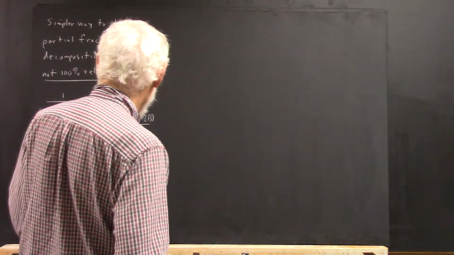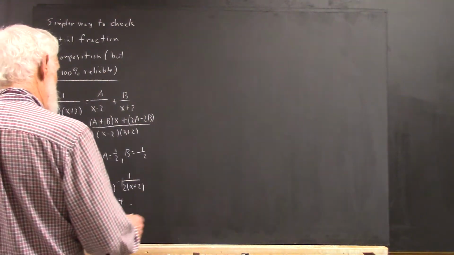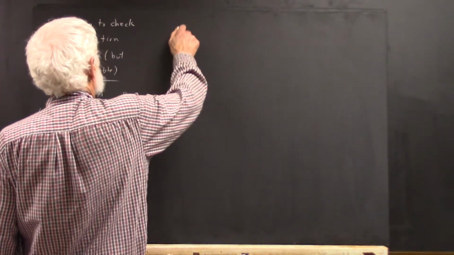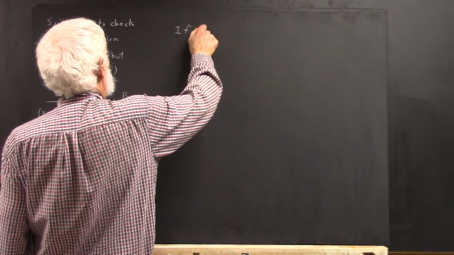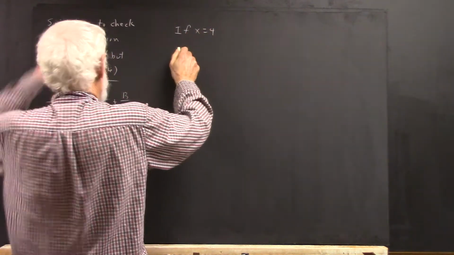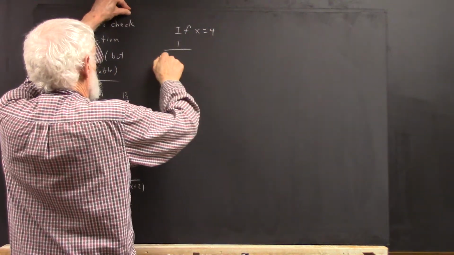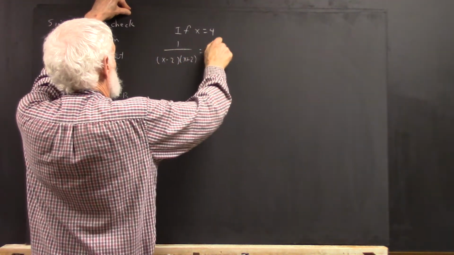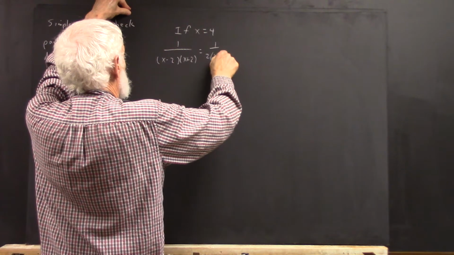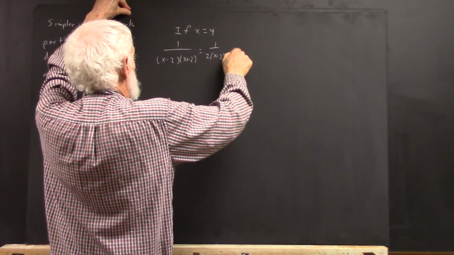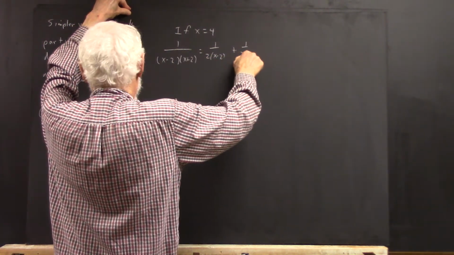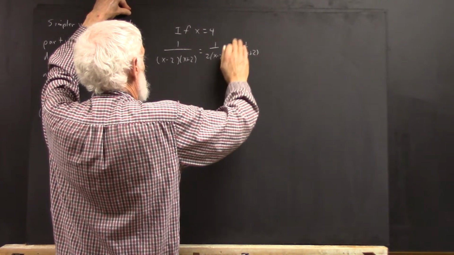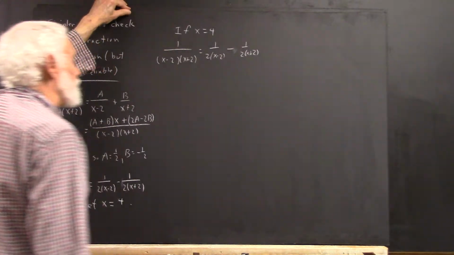Okay, so anyhow, if we let x equal 4, then our equation, I'll write it up here. If x equals 4, our equation 1 over (x minus 2) times (x plus 2) equals 1 over 2 times (x minus 2) minus 1 over 2 times (x plus 2), and that should be a minus, not a plus.